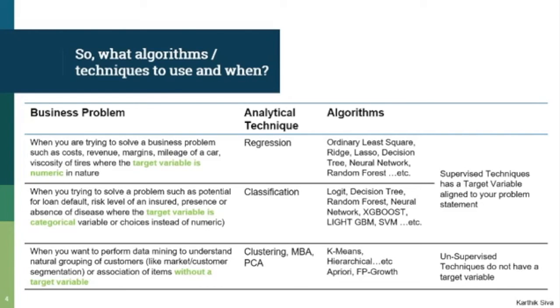Sometimes you're not just dealing with a target variable. You're looking at a specific scenario where you have input data and you're just trying to find out whether there are hidden patterns.